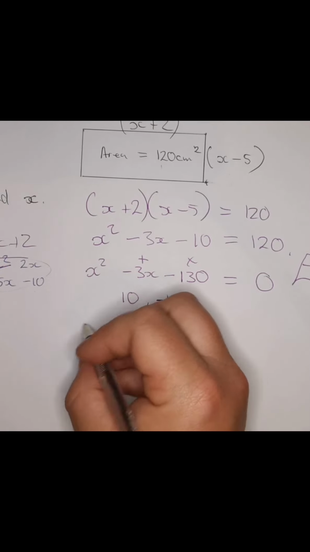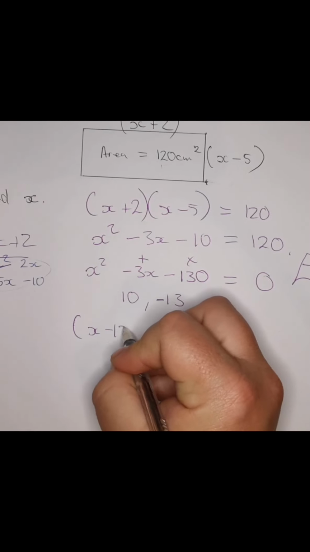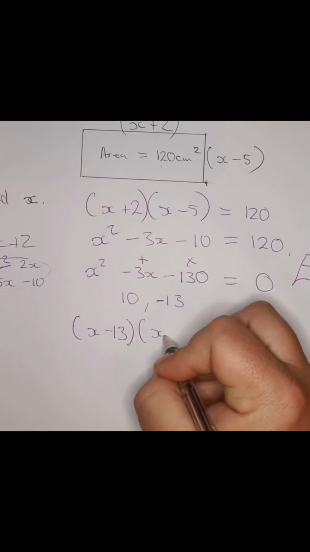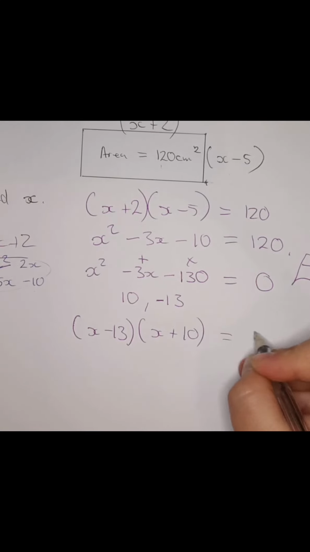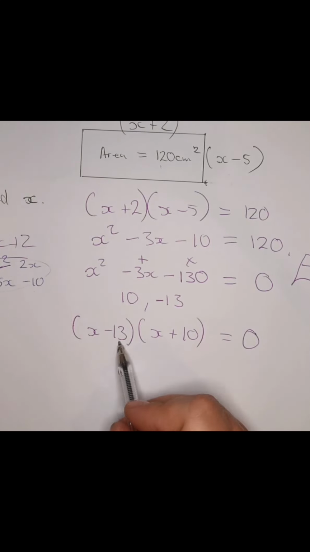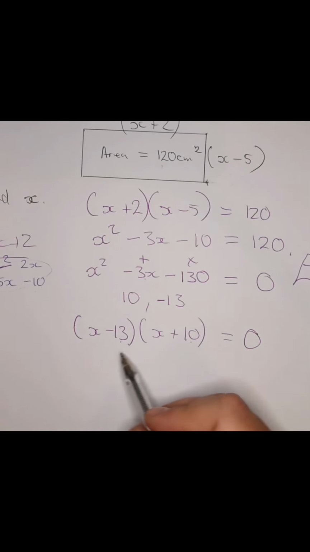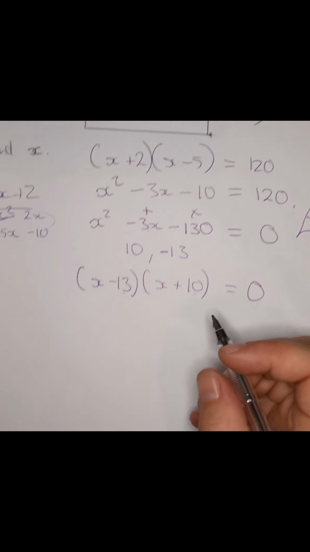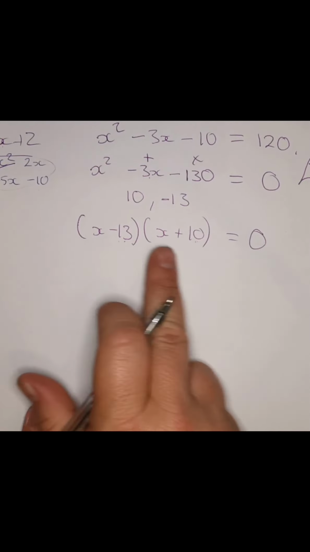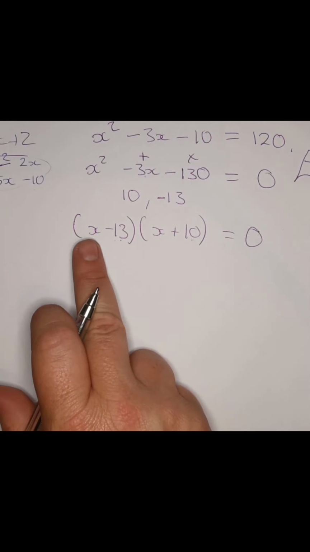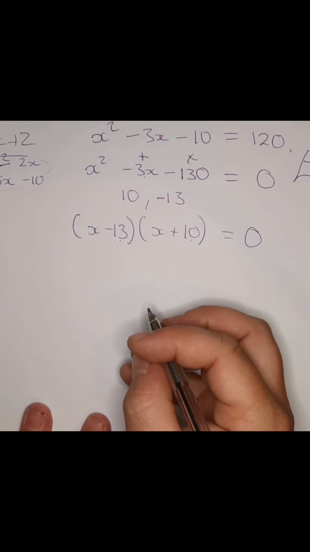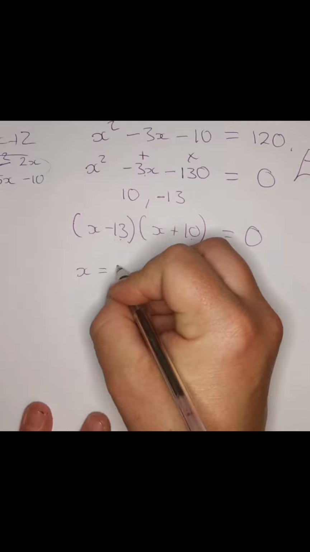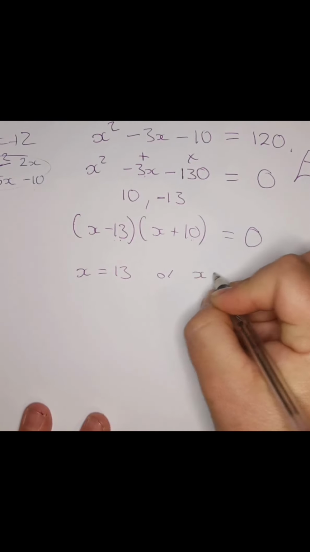So if I write that in my factorised form, I've got x minus 13, x plus 10 equals 0. Just check, minus 13 add 10 is minus 3, nice. Minus 13 times 10, 100, minus 130, nice. So my solutions to this, remember if I'm solving this, these numbers are going to be the opposite. So x equals 13 or x equals minus 10.